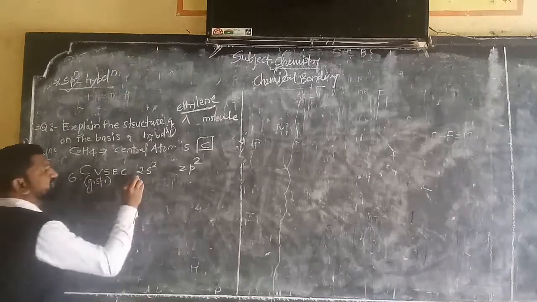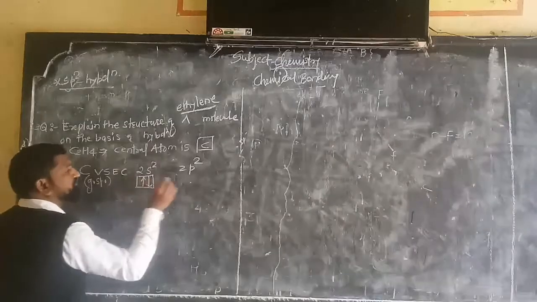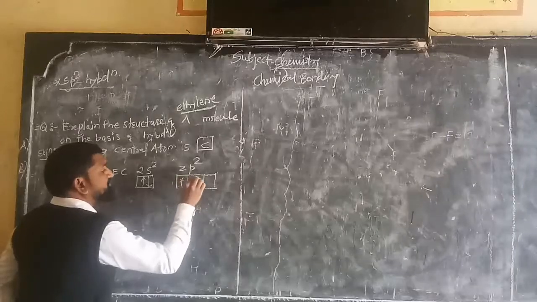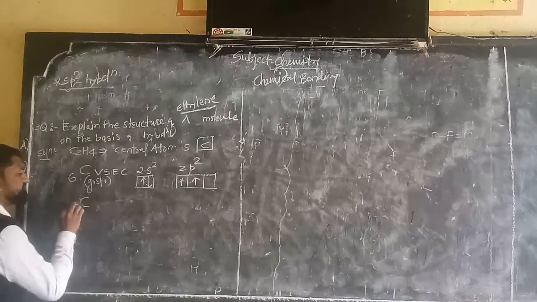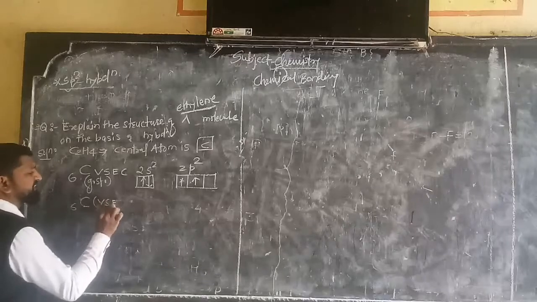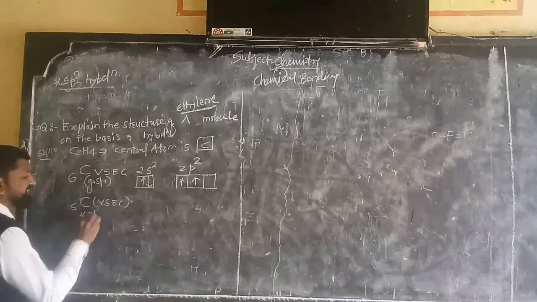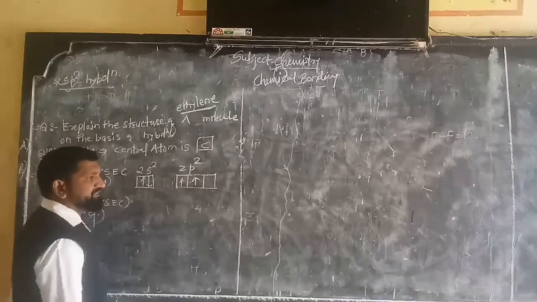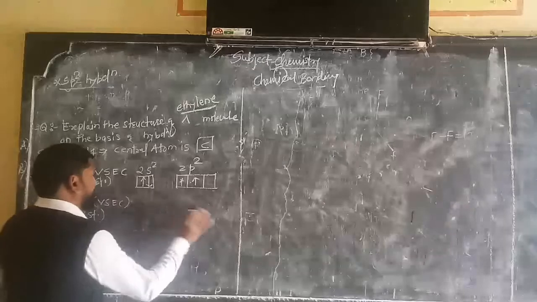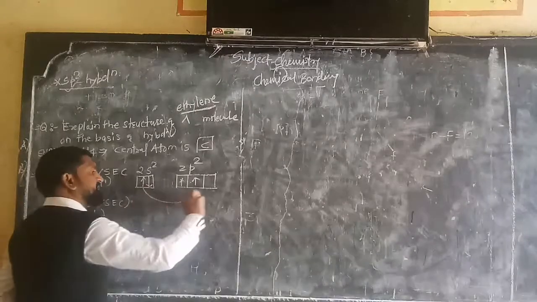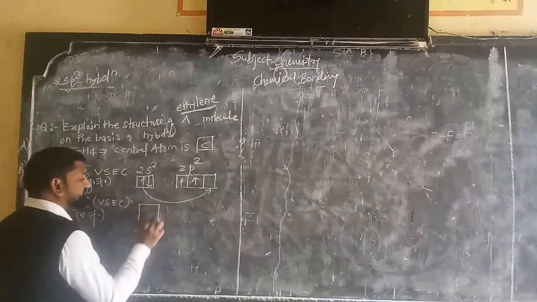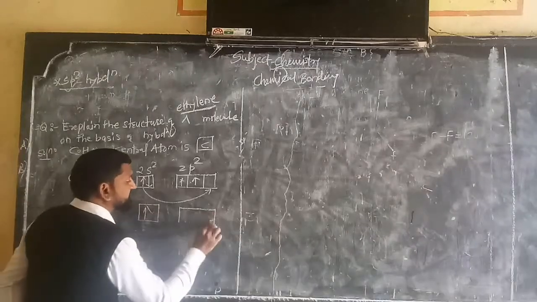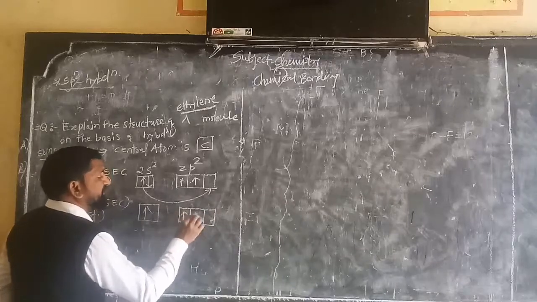Now let us write, see here, 1 2, 1 2 3, 1 2. No doubt. After that, the same valence shell electronic configuration in the excited state. One of the electrons will jump here, and let us see what happened. So one of the electrons will jump here and we will get 1, and here we will get 1 2 3.